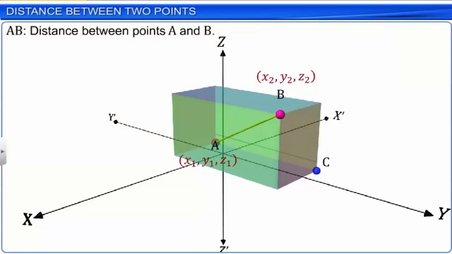Since points A and C lie on the same line parallel to the y-axis, point C will have the same x and z coordinates as point A. Hence, the coordinates of point C are x1, y2, z1. The triangle formed by points A, B and C is a right-angled triangle with right angle at C.